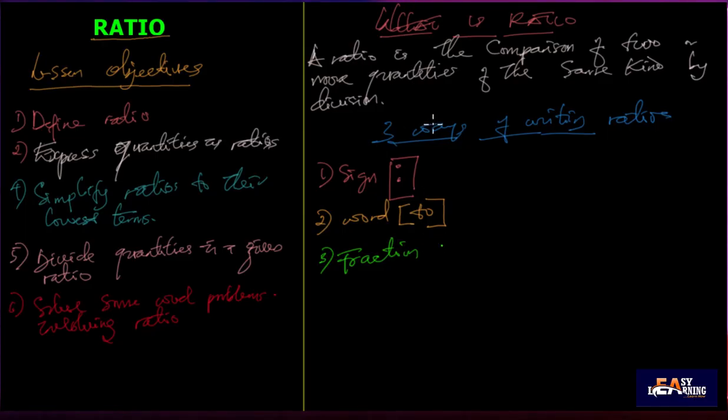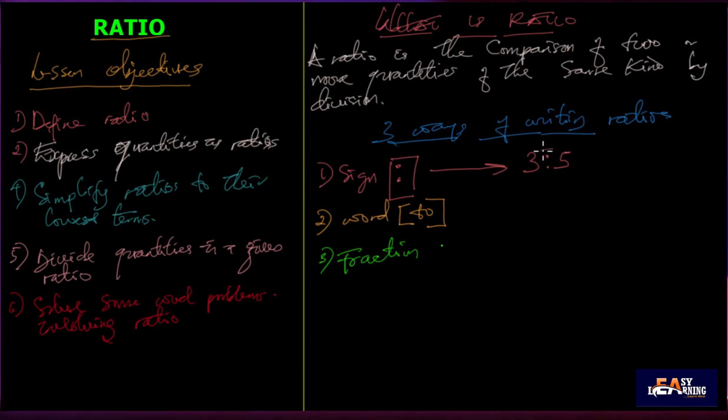Now if you want to compare two quantities that are in numbers, say 3 and 5, we can compare these two numbers by writing it out as 3 is to 5. In this case, we have made use of the sign symbol for ratio, 3 to 5.